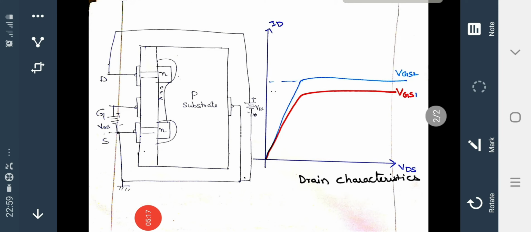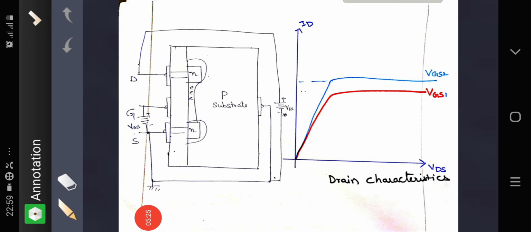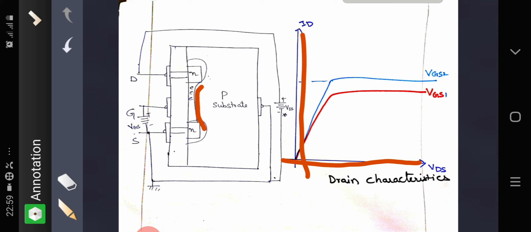Now let us understand the drain characteristics of the MOSFET, VDS versus ID. We know that after the threshold voltage a channel will be created.